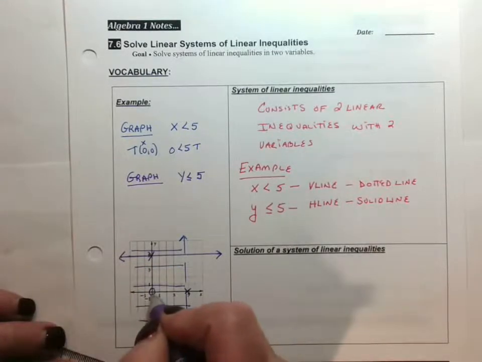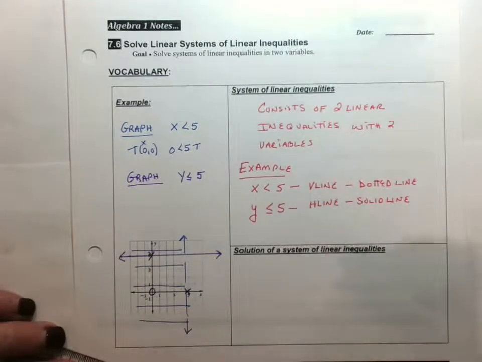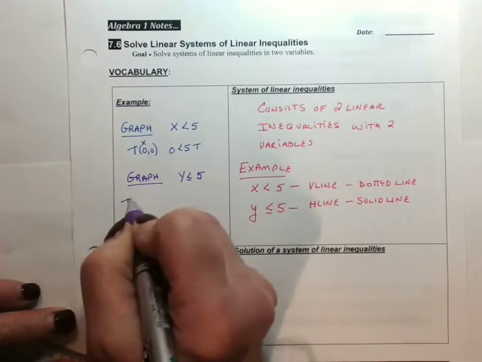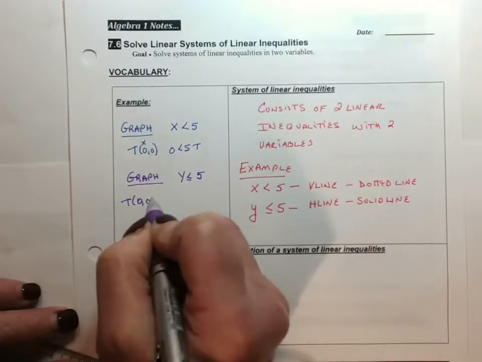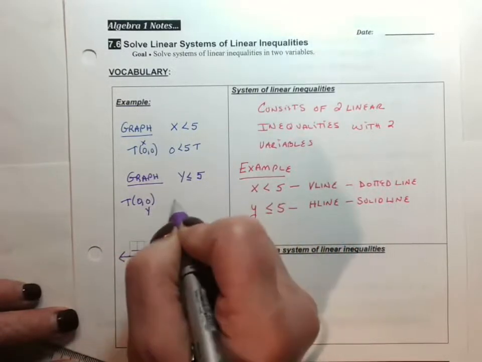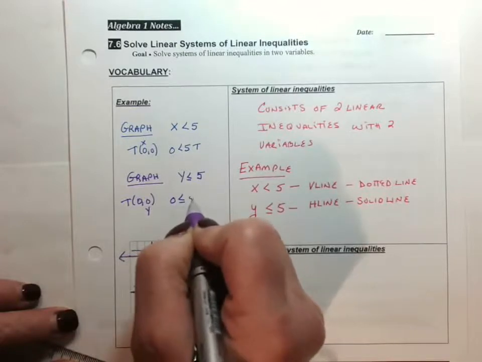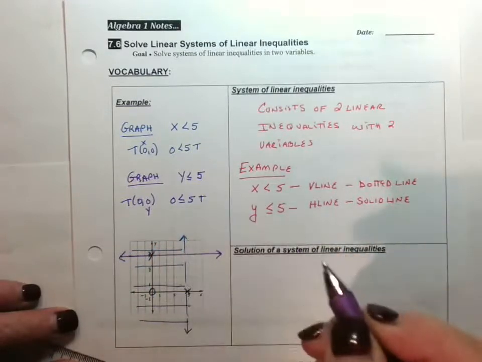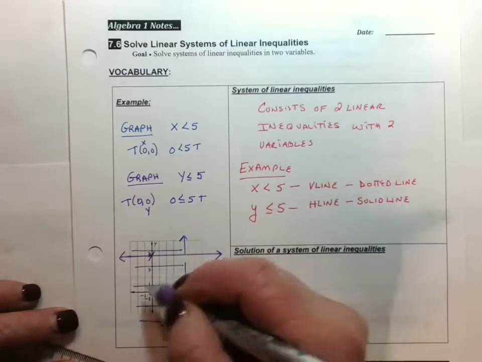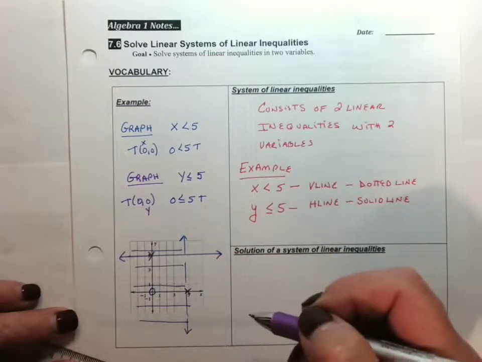And again, we're going to test this point right here. If we test 0, 0, the y-coordinate is 0, so 0 less than or equal to 5 is true. So that means that everything below this line is going to be a solution.